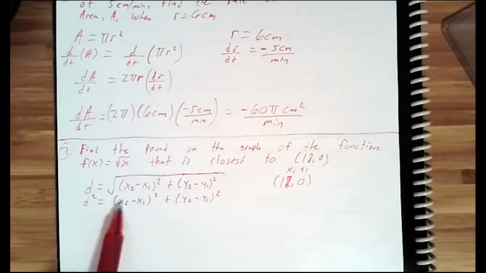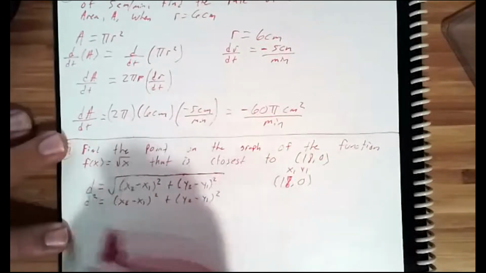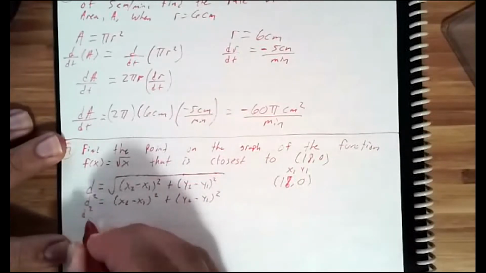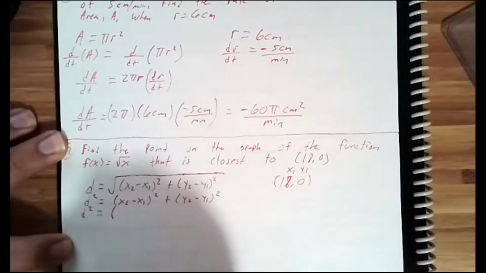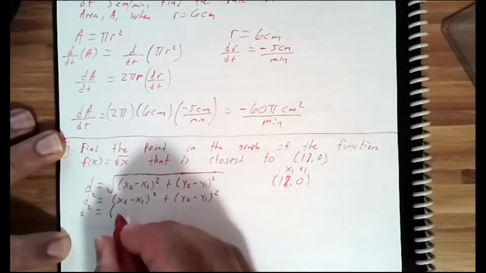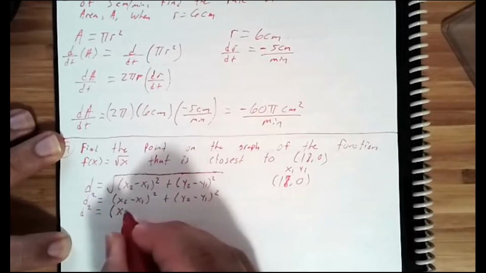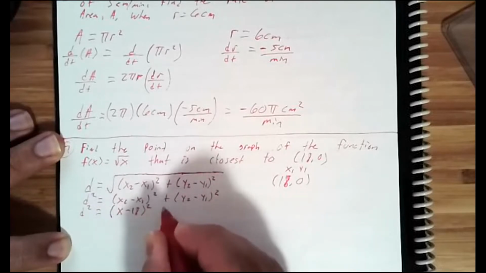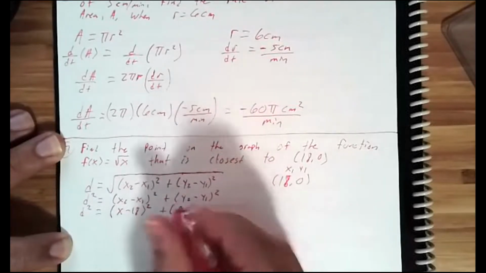So basically, take the derivative of this formula and set it equal to 0. This is what we're going to do. But first, let's plug in the numbers. I was going to call it x because it's some x, minus 18, squared, plus y minus 0, squared.